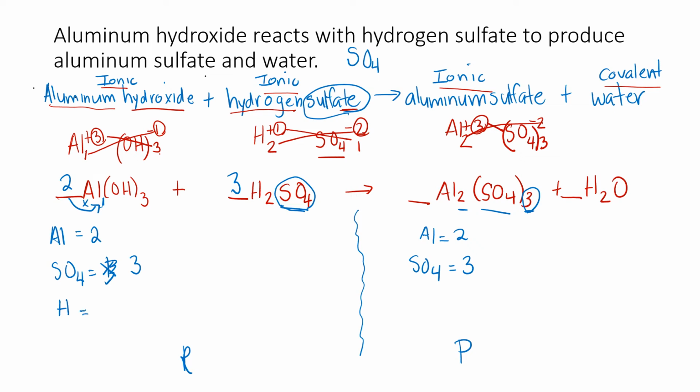There's this 2, and this 2 will distribute, so it will multiply with that 3. 2 times 3 is 6. That 6 will multiply against the 1 in hydrogen, so that would give me 6 hydrogens. But don't forget that I also have a hydrogen in here, so the coefficient of 3 times 2 gives me 6 more, right?